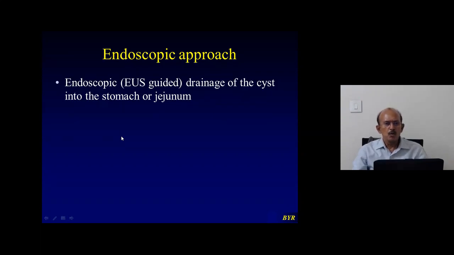So you do the scanning where you find such thick adhesion between the cyst and stomach wall. At that place, you puncture the cyst, aspirate the fluid, pass a guide wire, and over the guide wire you pass a stent and leave it there. So all the fluid that is there in the cyst will now drain into the stomach and the cyst will collapse.